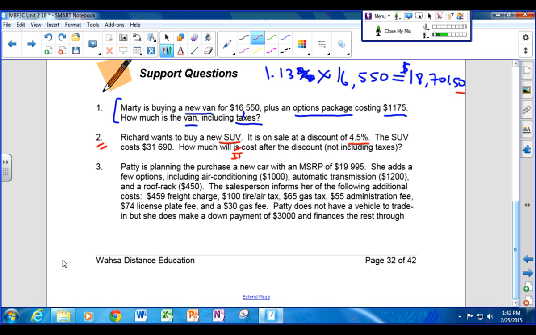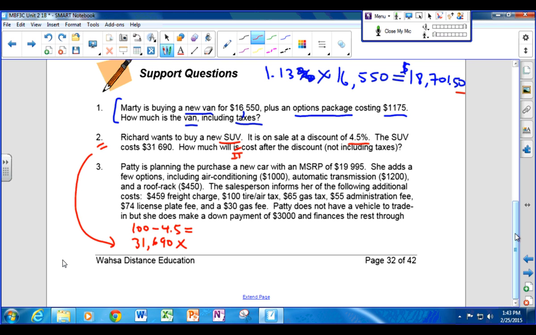So we know how to do this one, right? We're just calculating a 4.5% discount. So it's 31,690 times. Now, how do we do this? We could find 4.5% of that, but it makes more sense to take 100% minus 4.5%, and that's going to be 95.5%.